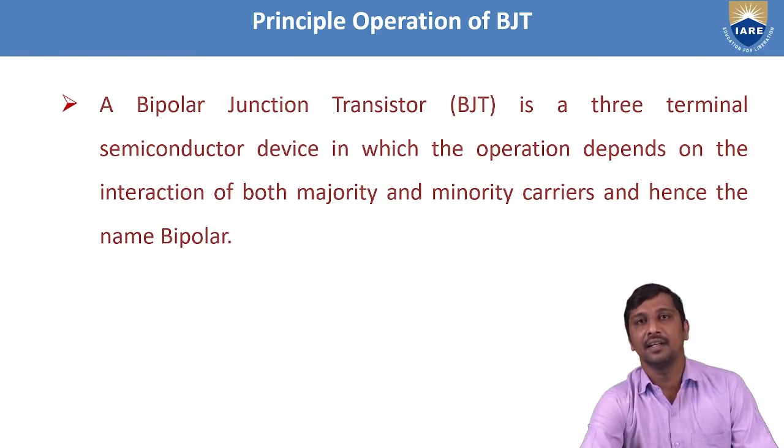What are the majority and minority charge carriers? If we consider P-type and N-type materials, based on the doping concentrations, in a P-type material the majority charge carriers are holes and the minority charge carriers are electrons. Similarly, in an N-type material, the majority charge carriers are electrons and the minority charge carriers are holes.